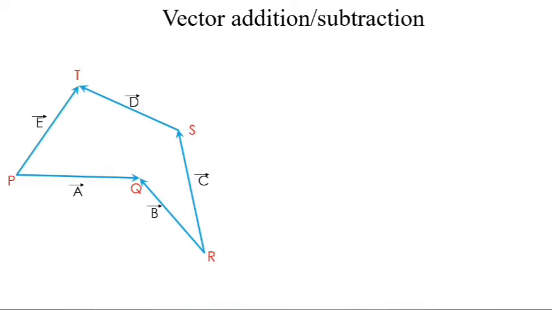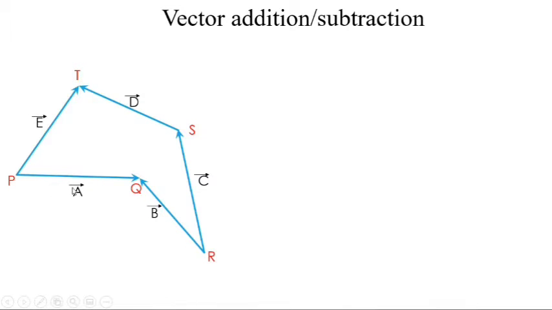Next concept is about addition of multiple vectors which are in a loop. For vector addition of such loops, for example this P, Q, R, S, T, vectors in the direction of the loop will be taken as positive and vectors in the opposite direction of the loop will be taken as negative.